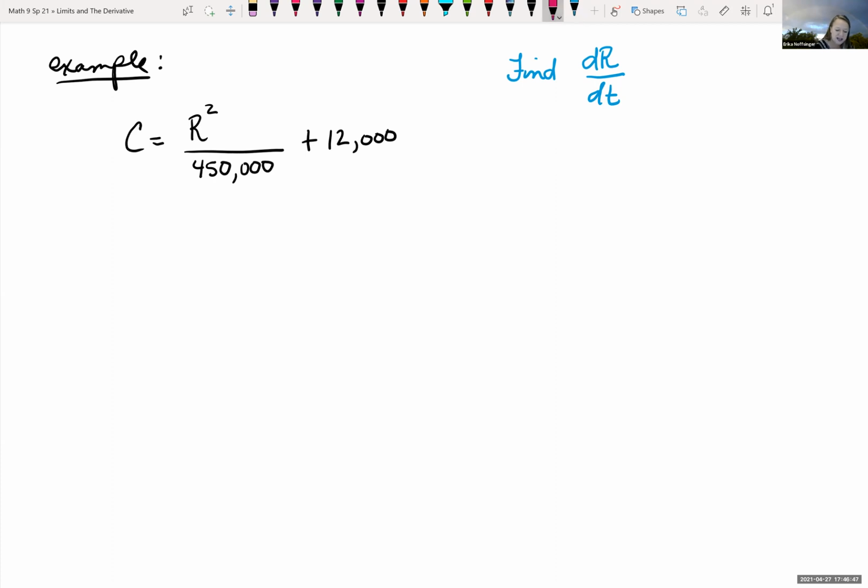So we know that the derivative of our cost function, dC/dt, is $15 per month. And this is when the monthly revenue is $25,000. So we're given that our R is $25,000.